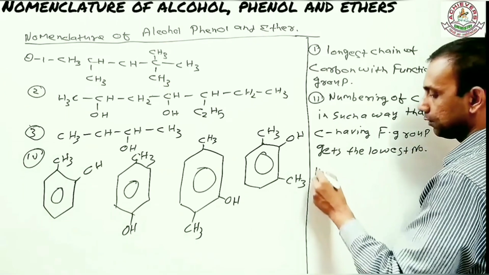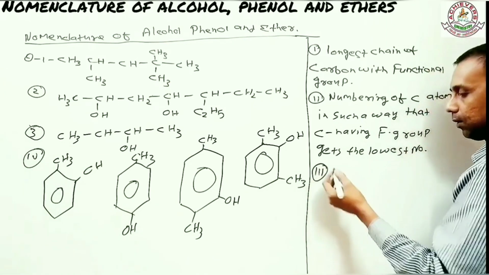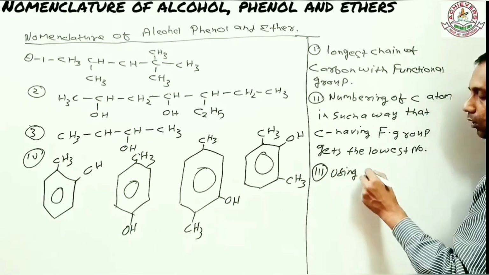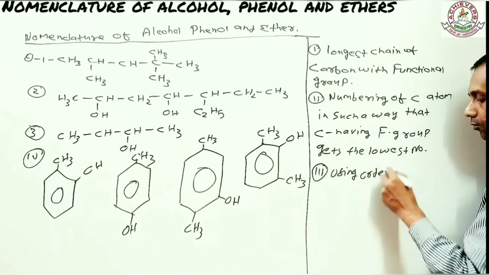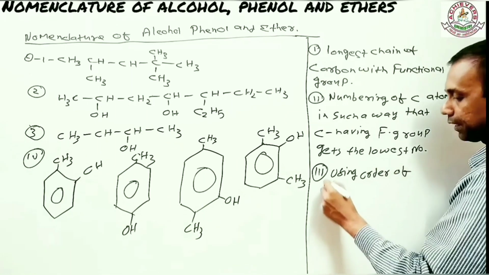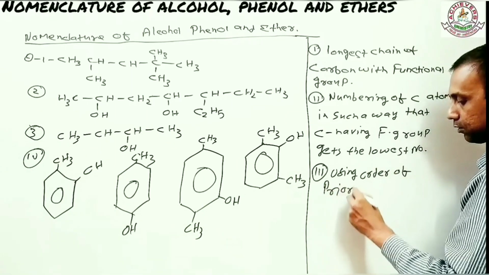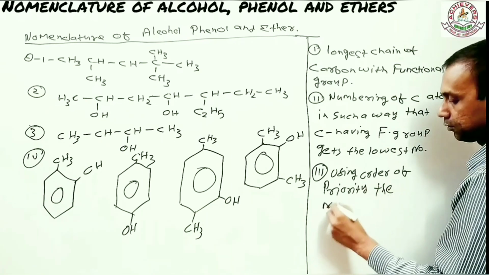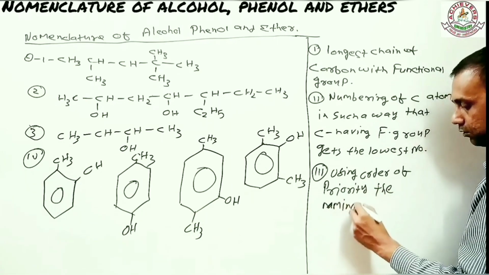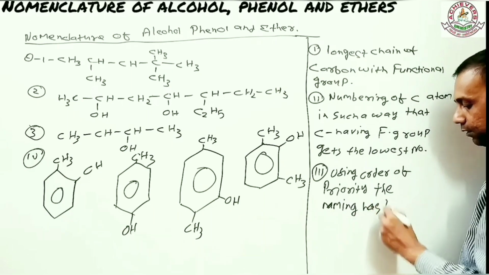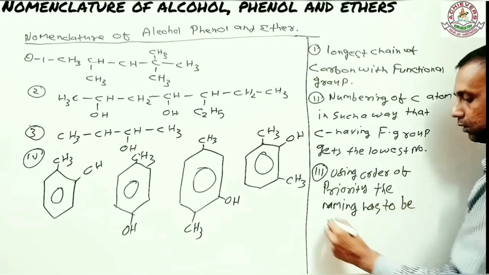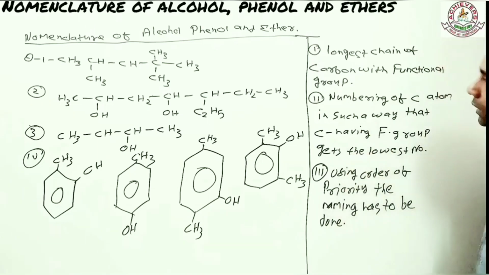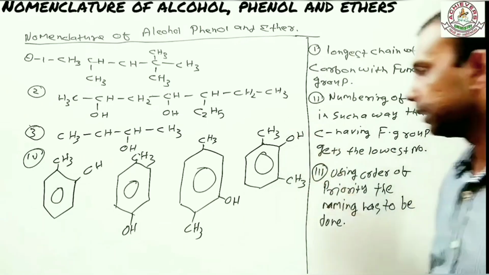And then third, using the order of priority, the naming should be done. So these are the very important things you have to consider while doing any nomenclature.